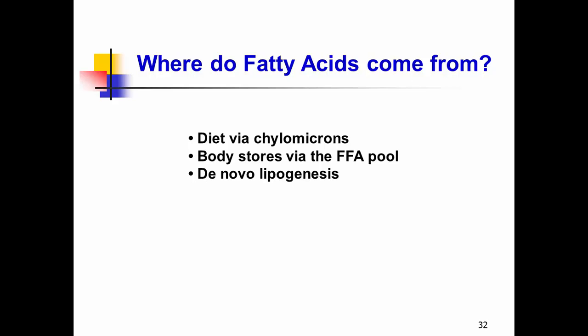So sometimes, in some pathophysiological conditions, for example, in type 2 diabetic conditions, for some not very well characterized mechanisms, lipolysis actually increases in diabetic patients. So they have more fatty acids being released from adipose tissue.